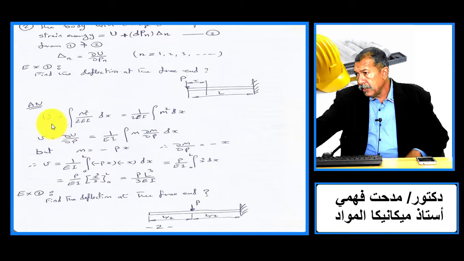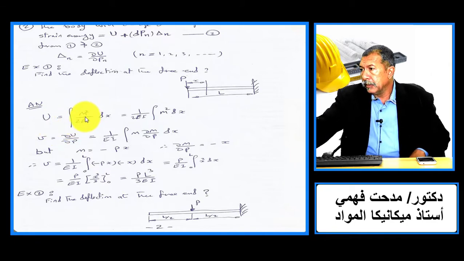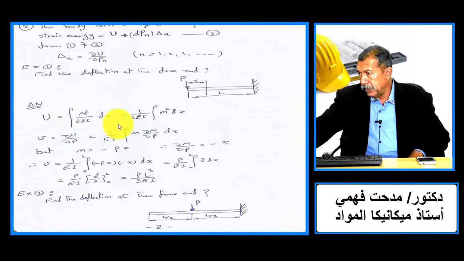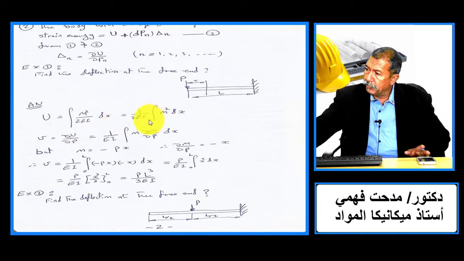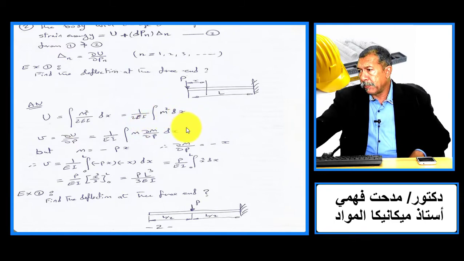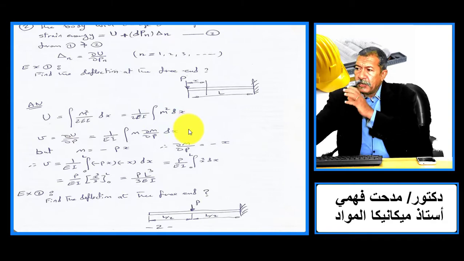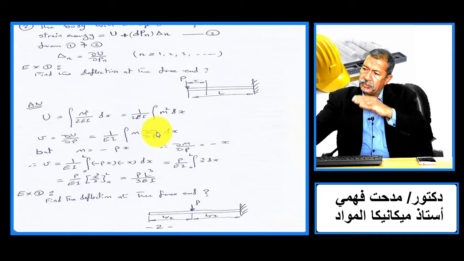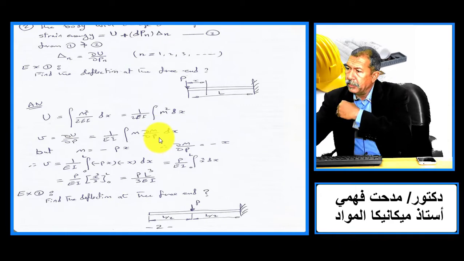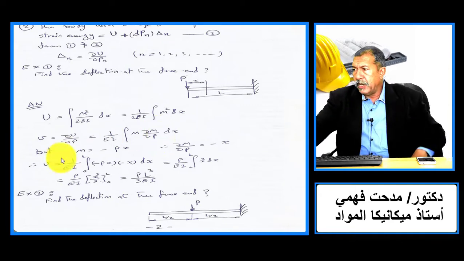So the answer can be U, from the previous equation, equal to the integration of M squared over 2EI dx. And 1 over 2EI we can put outside the integration, so we have inside the integration only M squared dx. We began this example from scratch so that in the other examples we can begin by writing the formula directly.